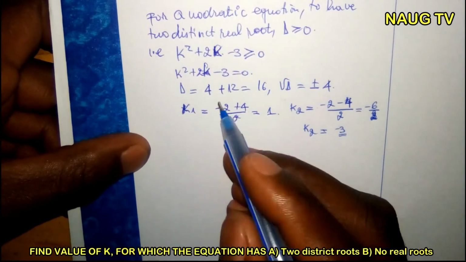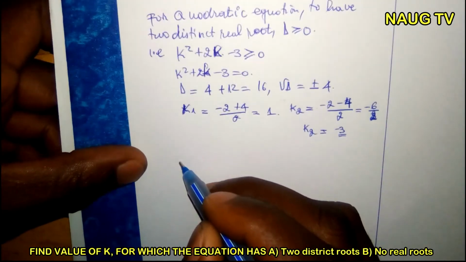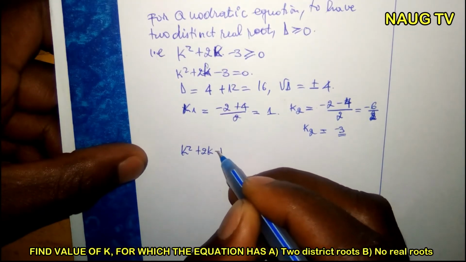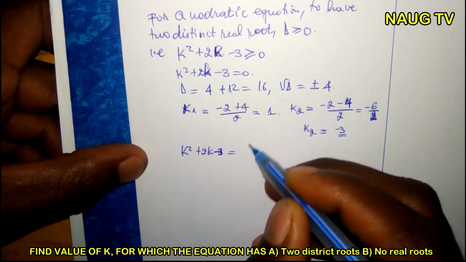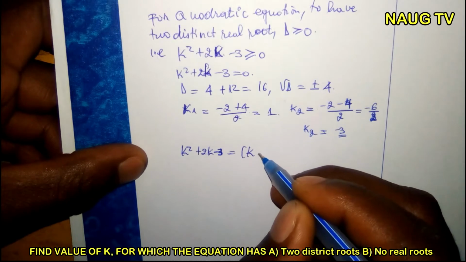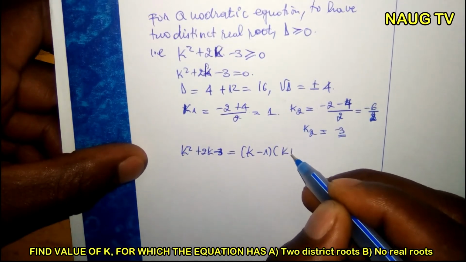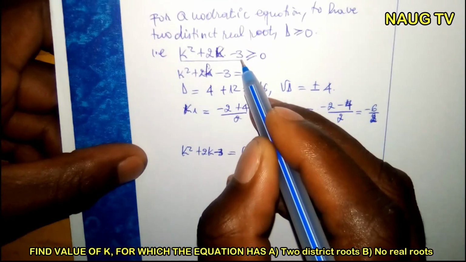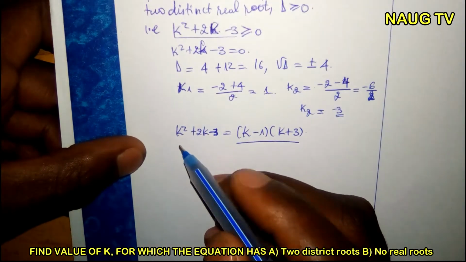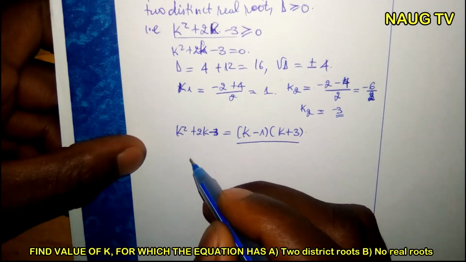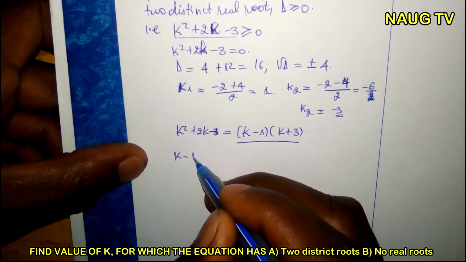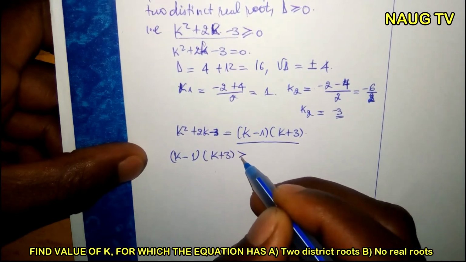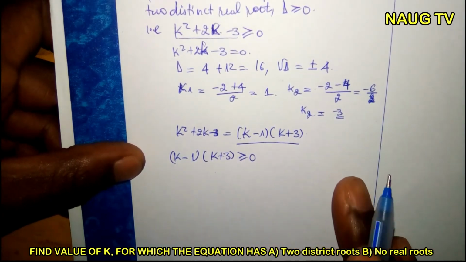So, at this point we have k squared plus 2k minus 3, which is equal to (k minus 1) times (k plus 3). So I place this value in this equation here, so that you will get (k minus 1) times (k plus 3) greater than or equal to 0, right?